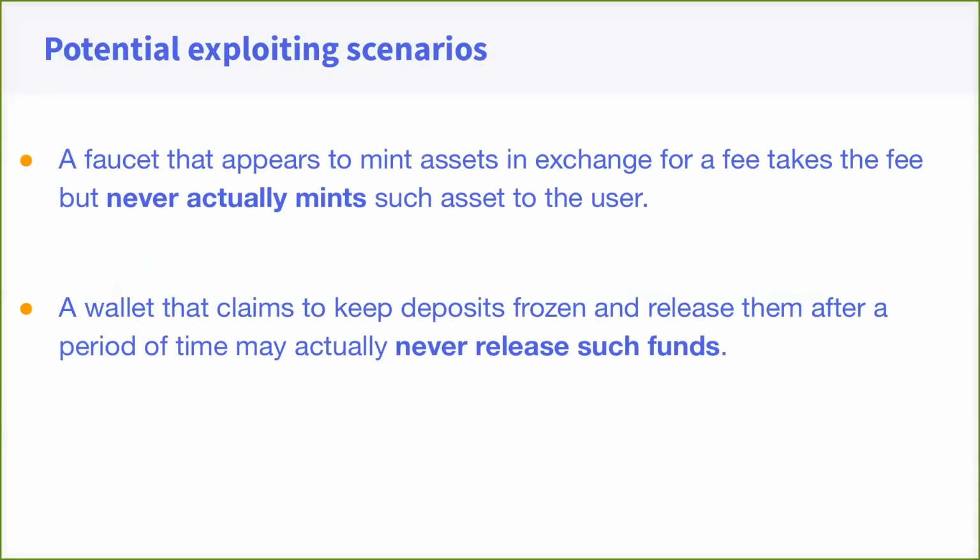We can think of a faucet that appears to mint assets in exchange for a fee. So you would provide a fee, and supposedly this faucet will give you some assets, but it will actually not mint any asset at all. We can also think of a wallet that claims to keep deposits frozen like an escrow and release them after a certain period of time, but actually it will never release them.